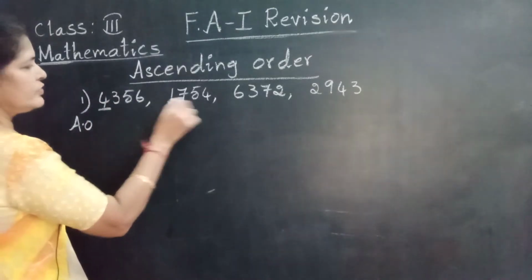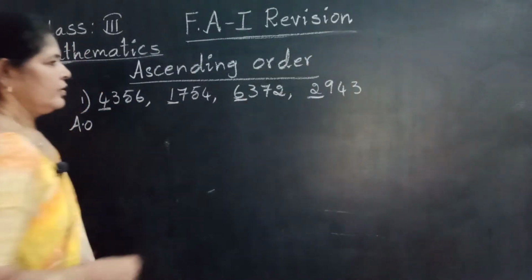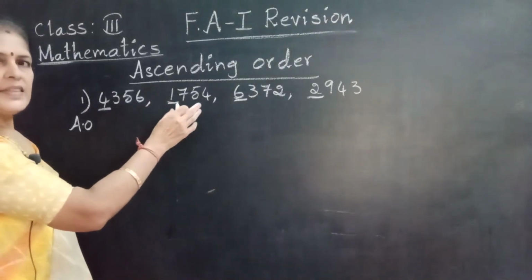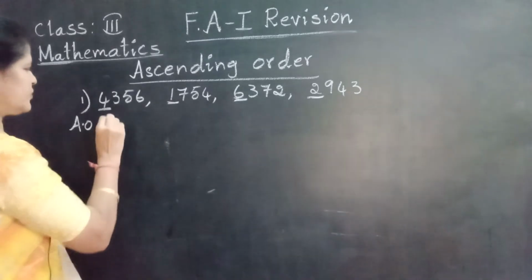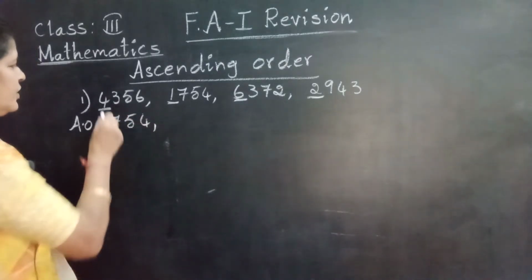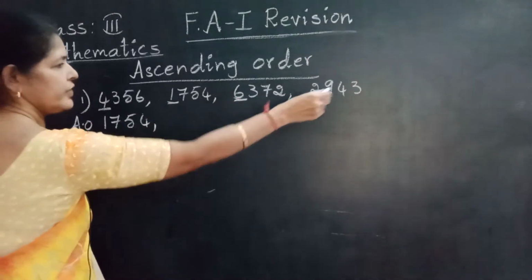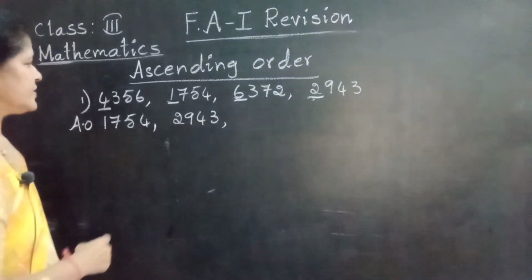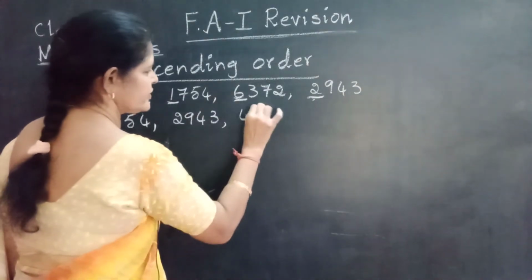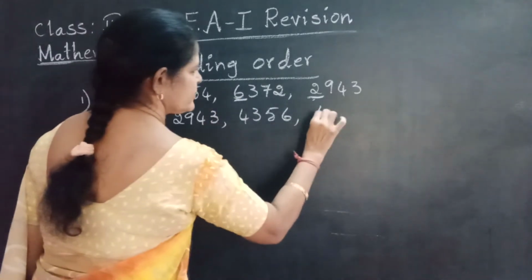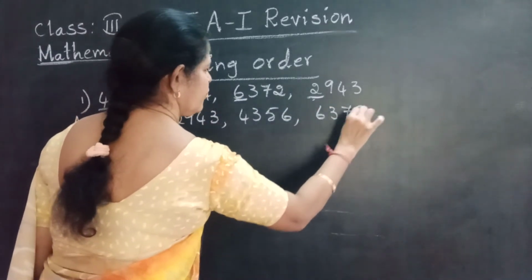Compare thousands. Which number having less thousands? This. That means this comes in the first place. 1754. Next 2943. Next, 4356. Next, 6372.